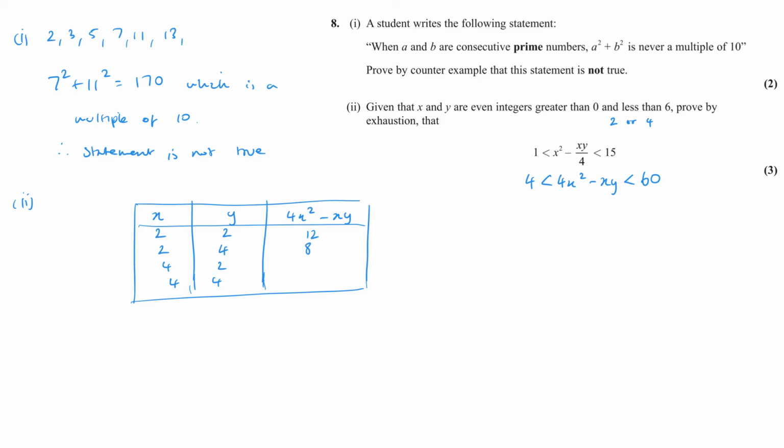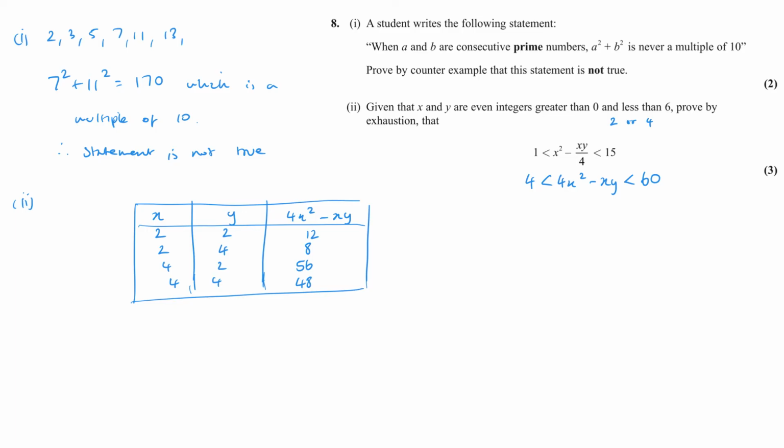4 times 4 squared minus 4 times 2. This is 56. 4 times 4 squared minus 4 times 4. That's 48. So all of those values are between 4 and 60. Therefore, the original one is true.